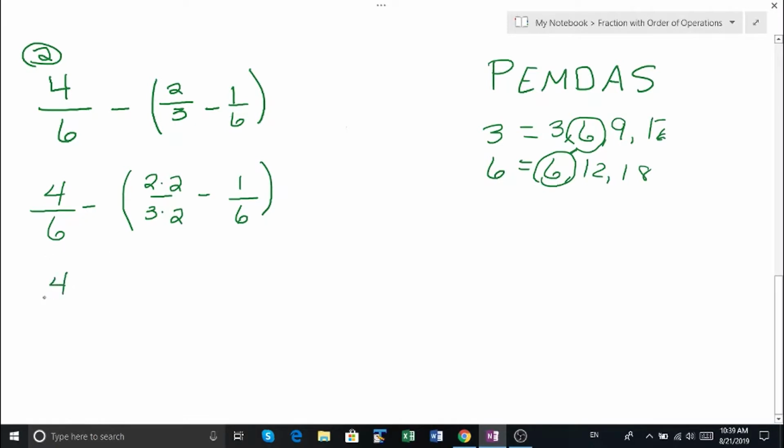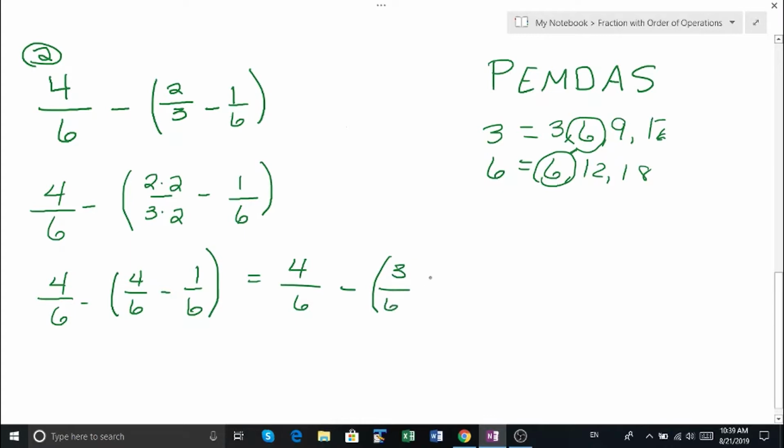So then that gives us 4/6 minus 1/6. Now that these have the same denominator, we can go ahead and subtract them. 4 minus 1 is 3 over 6.